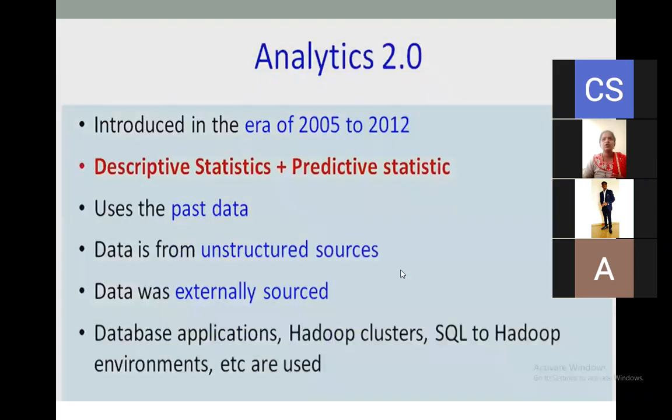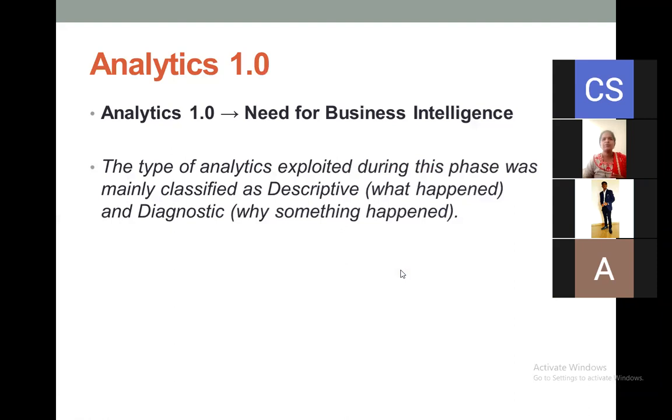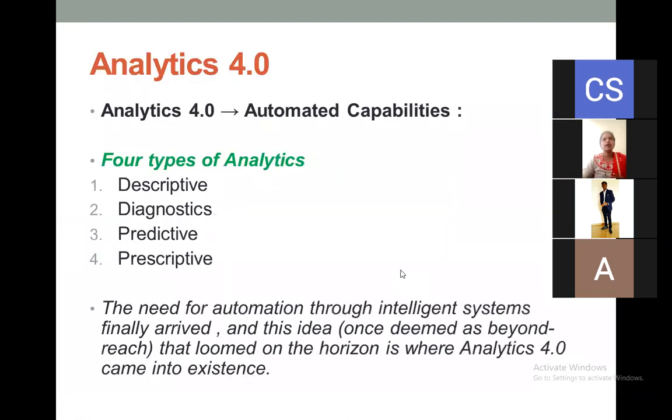So I think it should be clear to you all what exactly is meant by Analytics 1.0, 2.0, and 3.0. Now moving to Analytics 4.0. Actually, it is not widely used, but nowadays this concept has also been introduced. This is about automated capabilities, meaning they already have some automated tools to deal with the historical data and the current data.